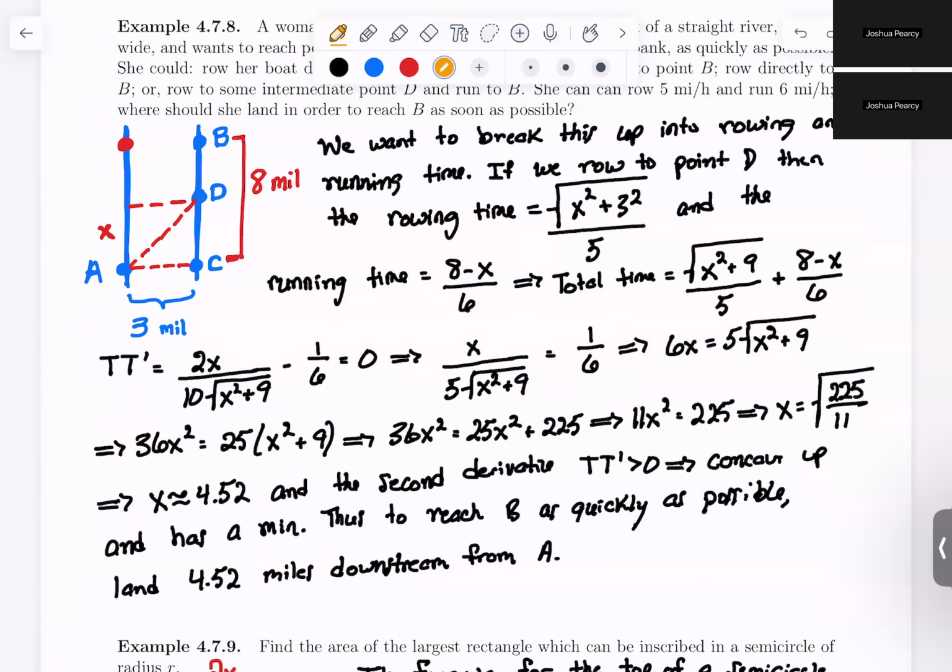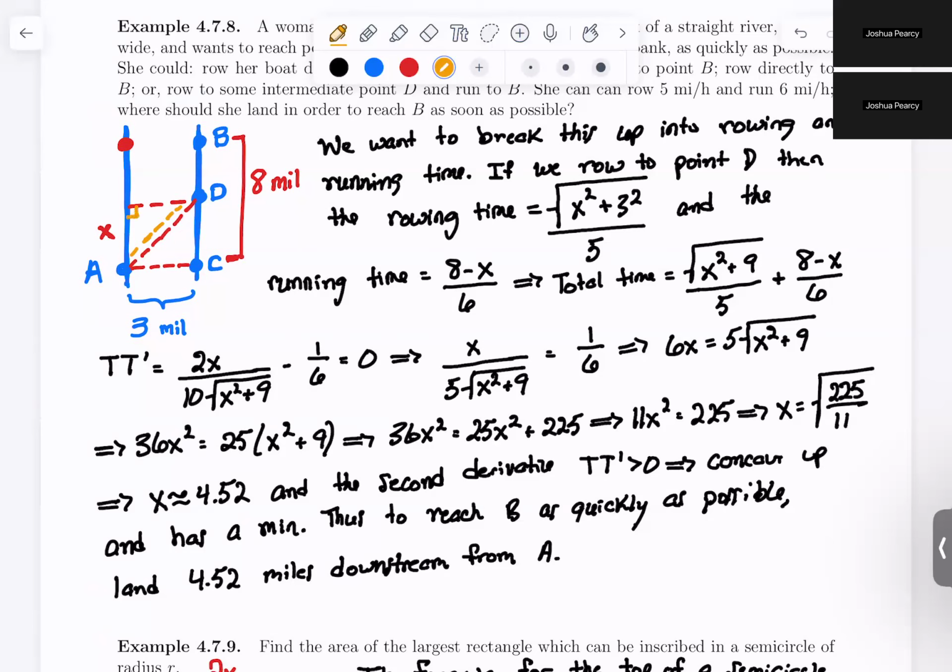So here what I did was first let this distance here, from the point across from D to C, be x. And what I want to solve for is the rowing distance from A to D. We can find that, right? This is a right triangle right here.